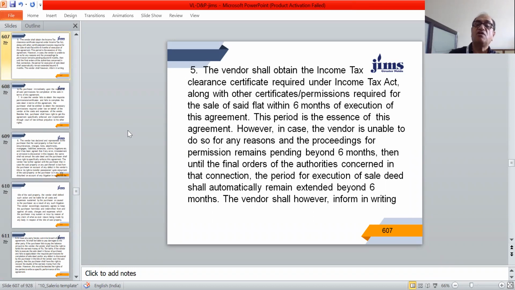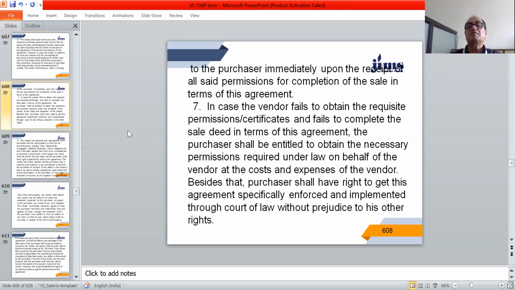However, in case the vendor is unable to do so for any reasons and the proceedings for permission remain pending beyond 6 months, then until the final orders of the authorities concerned in that connection, the period for execution of sale deed shall automatically remain extended beyond 6 months, and the vendor shall, however, inform in writing to the purchaser immediately upon the receipt of all said permissions for completion of the sale deed in terms of agreement. So this period of 6 months is likely to be extended if permissions are not obtained by the vendor.